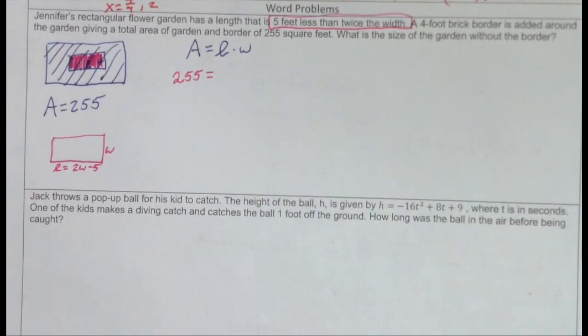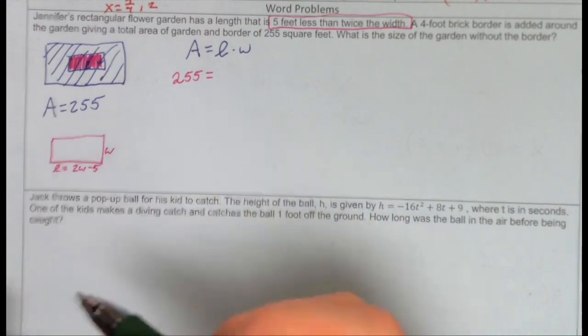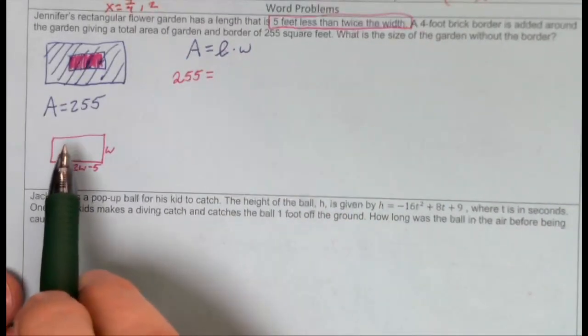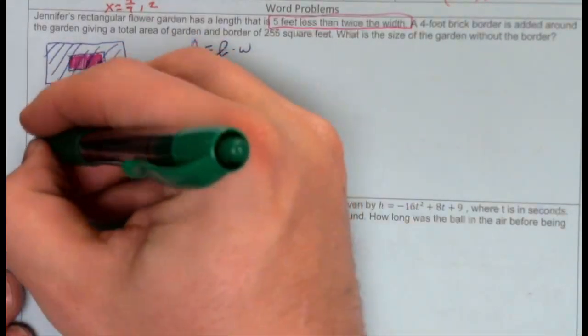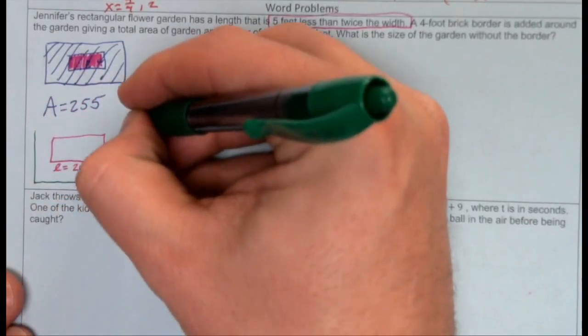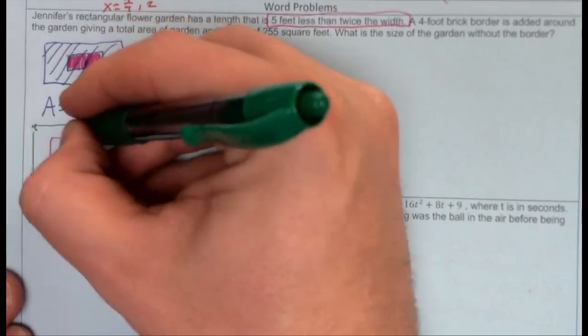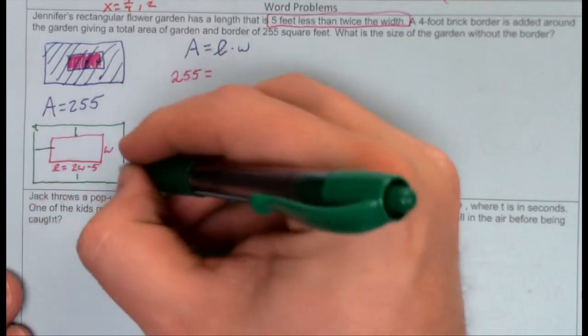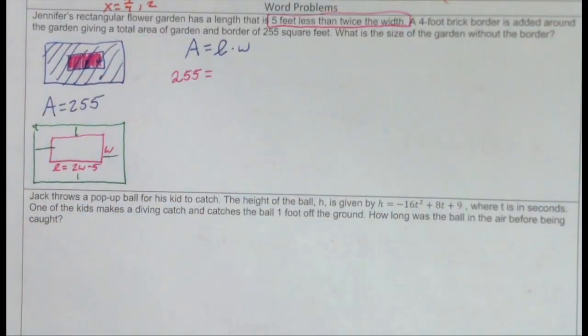And I have no idea how large her flower garden is. The area that we were given, the 255, is this garden plus the 4-foot border that she added around it.